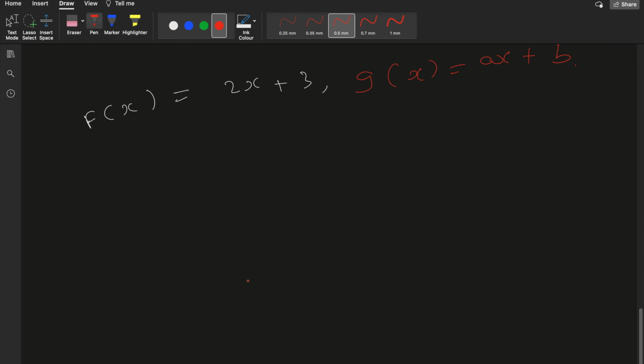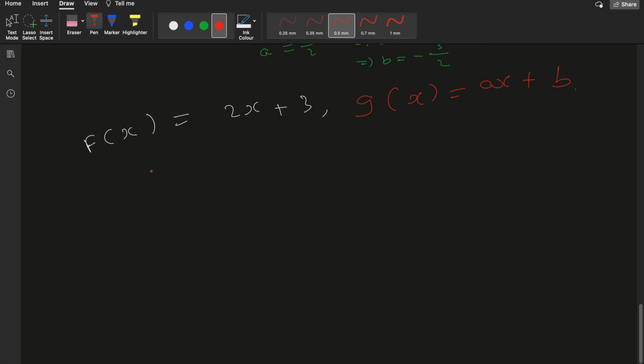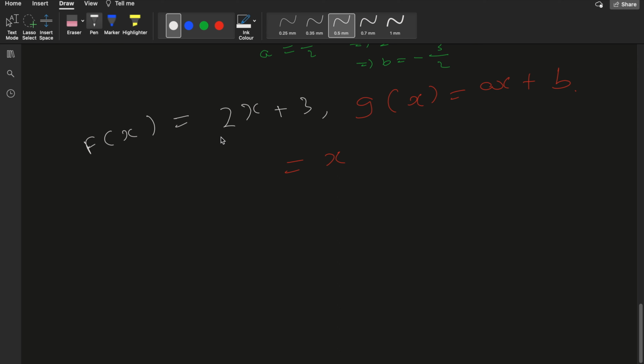And let's try. Yeah, let's just solve this. No, it was the other way around, g of f of x. So this would be 2x, I think. Yeah, 2x.